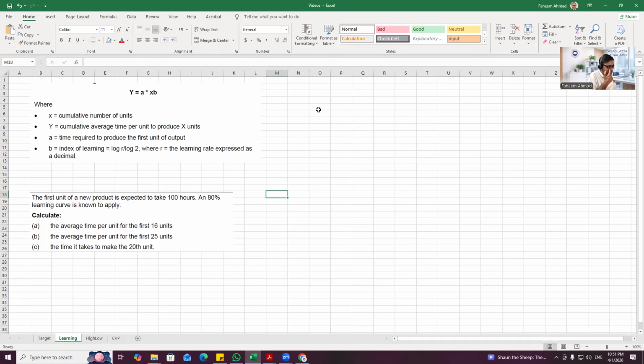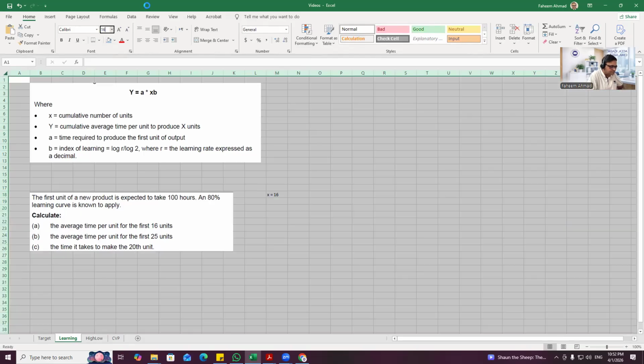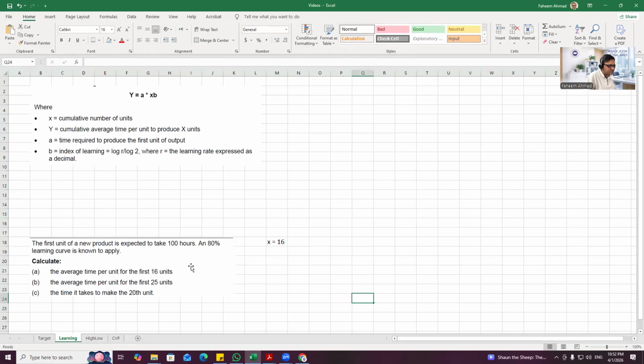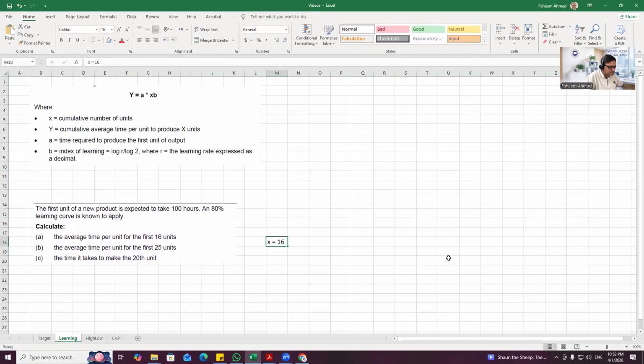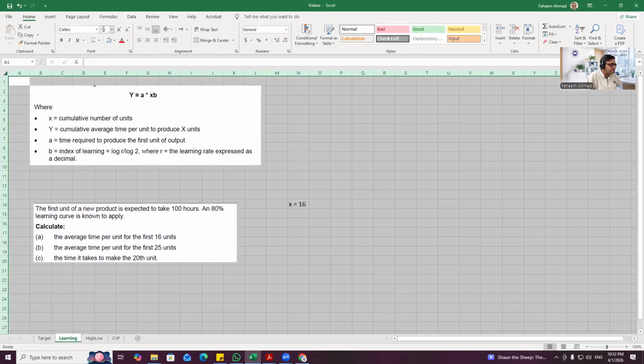So you can see here in requirement A, we are going to produce 16 units. So that means X is 16. I will make this font bigger.